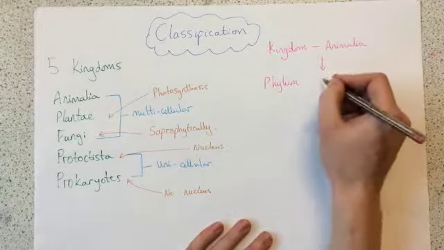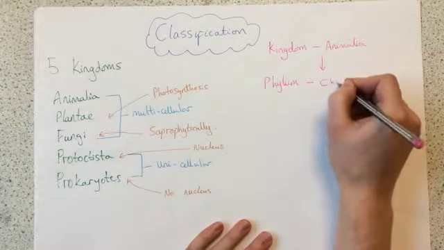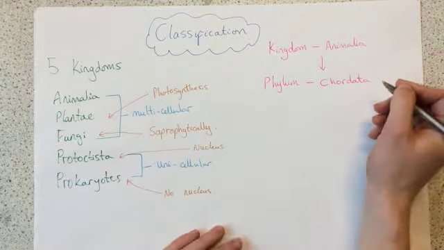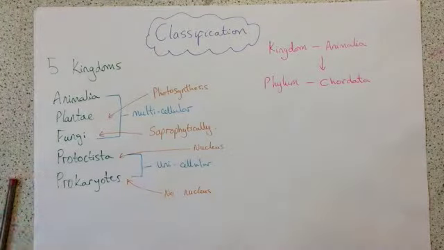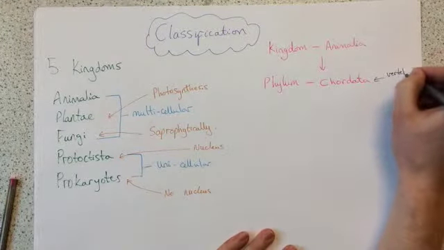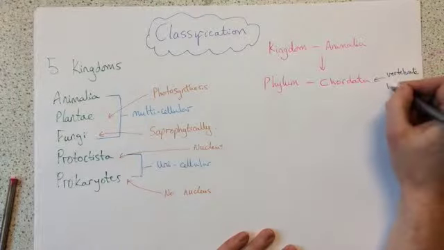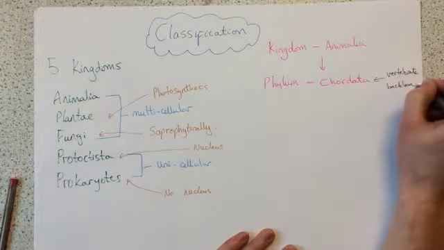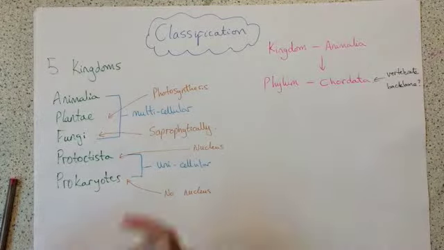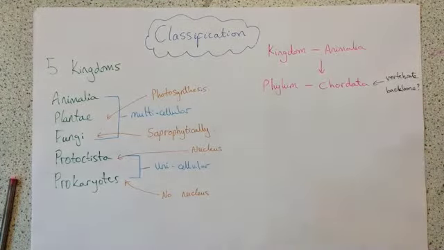And this we then break up with a keyword, chordata. Now chordata means vertebrate. So has it got a backbone? Okay, so if it is part of this phylum, it will have a backbone.